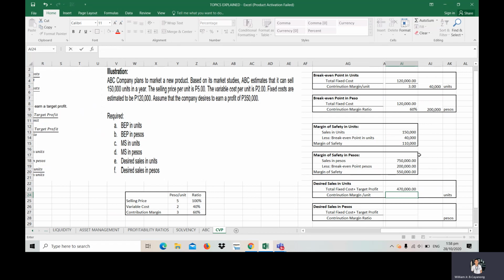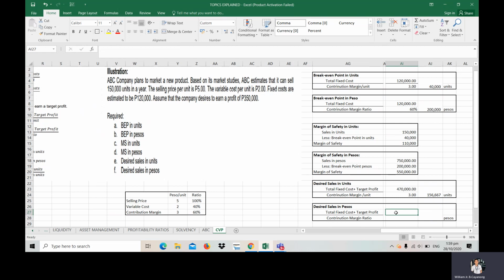So we divide 470,000 by 3 pesos. Therefore, for us to have a profit of 350,000 pesos, we need to sell 156,667 units.